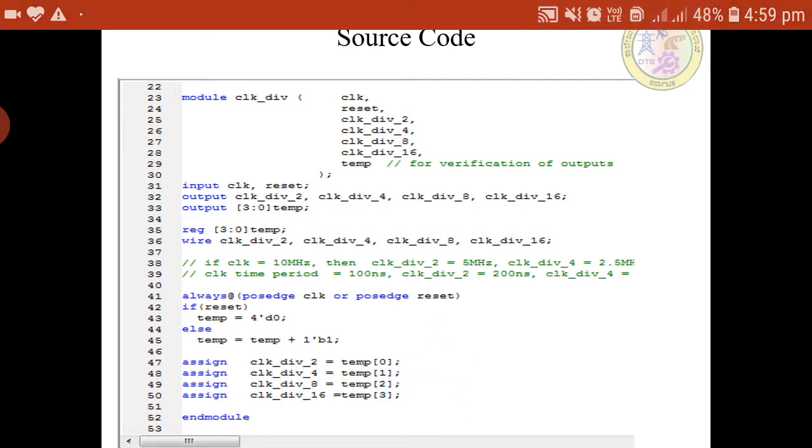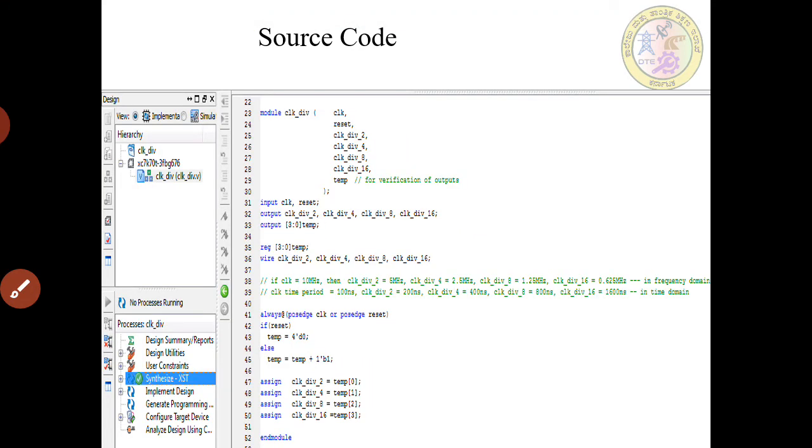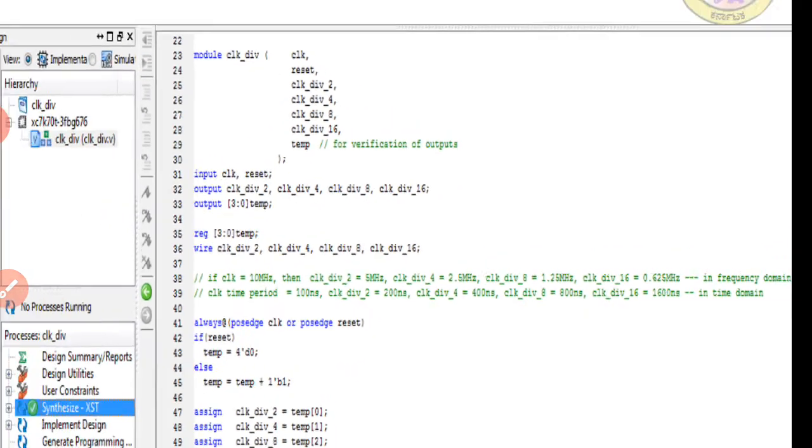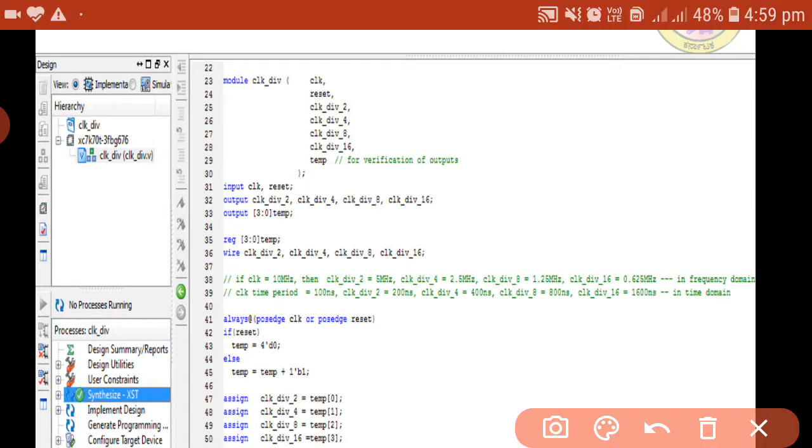Now the same source code in the tool. This is a project, and we have given the name clock_div. For clock division this is enough; the temp you can use as a counter to verify the results.